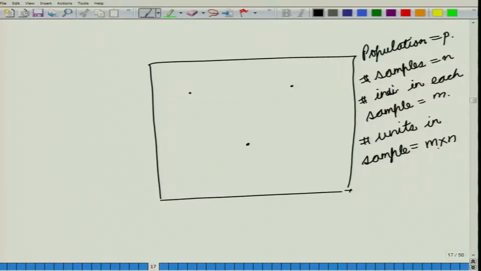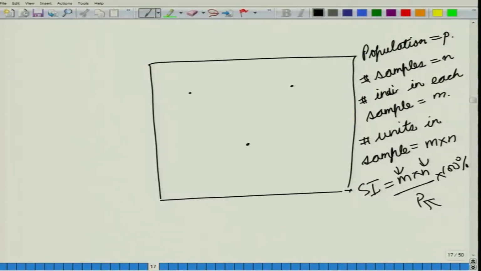So, in total we have M into N individuals, and the sampling intensity will be M into N by P into 100%. So, that is our sampling intensity. Now, sampling intensity can be increased by increasing M or by increasing N or by reducing P.